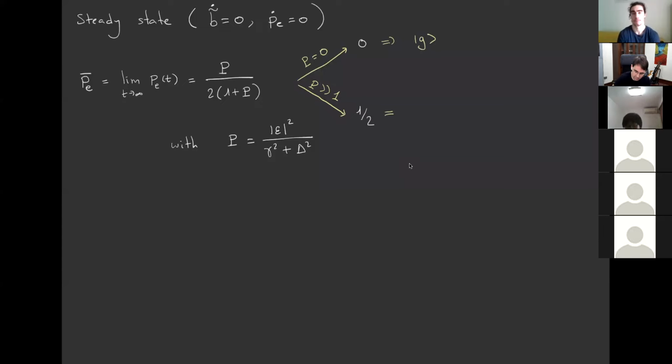So this means 50% inversion. Inversion is what we call the property of whether, if you are in the ground state, which is the equilibrium state of the atom, you manage to bring the atom from the ground to the excited state, but you do it only with 50% efficiency. And that's the best we can do.